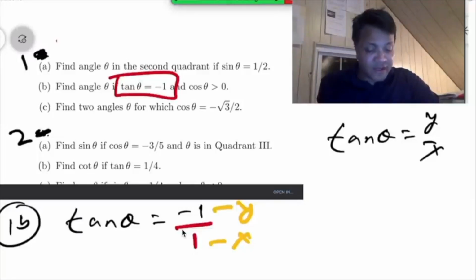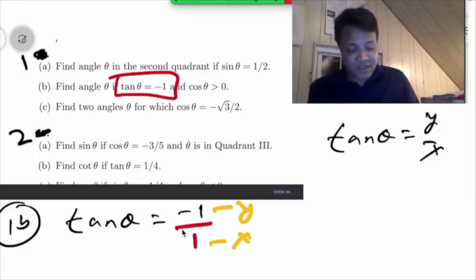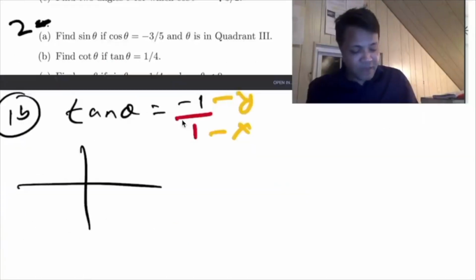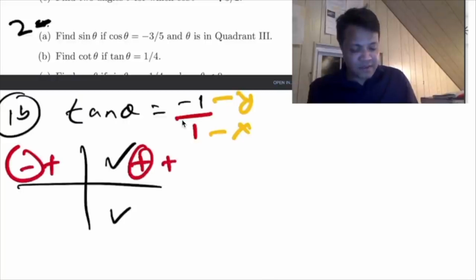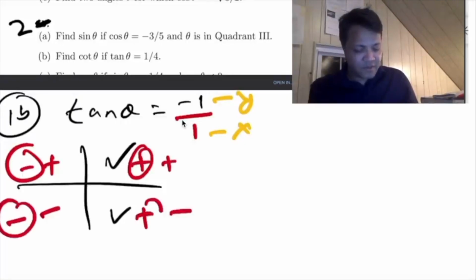So then it has to be in a quadrant where cosine is positive. Let's see, cosine is positive over here, and cosine is positive over here. Cosine is negative over here. This is cosine.